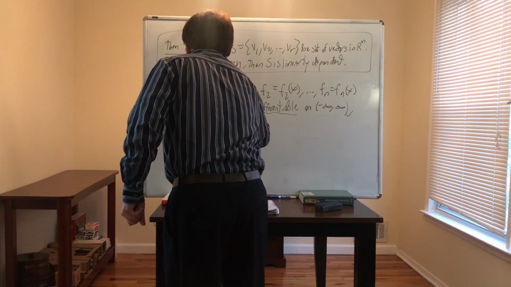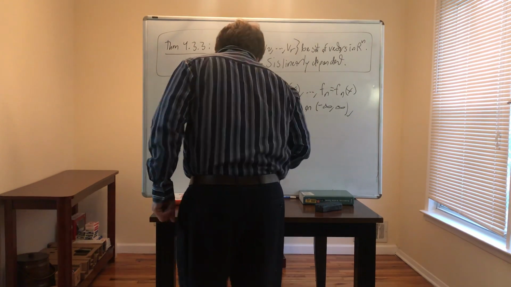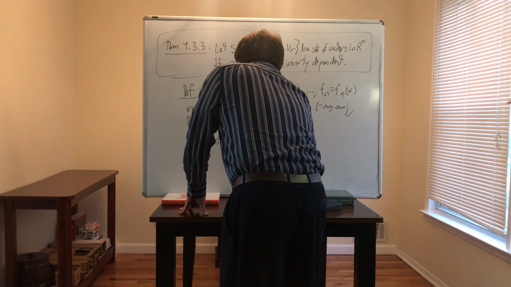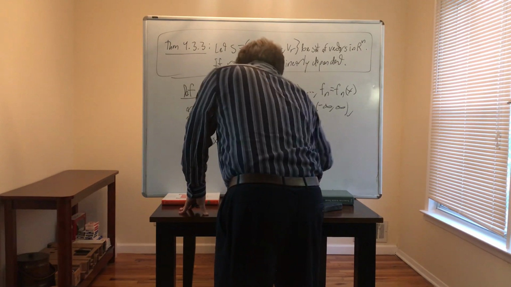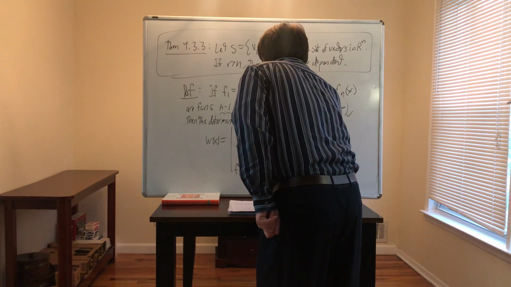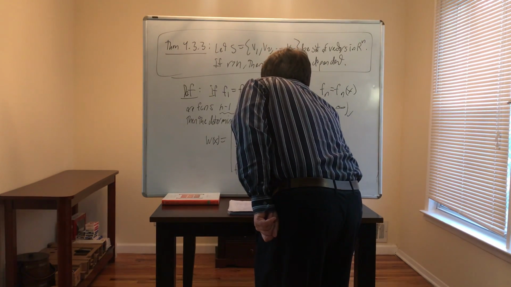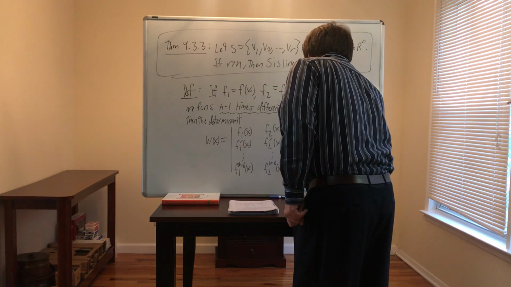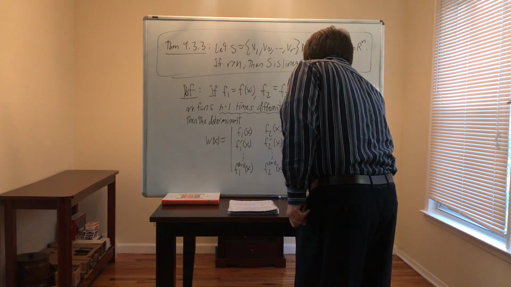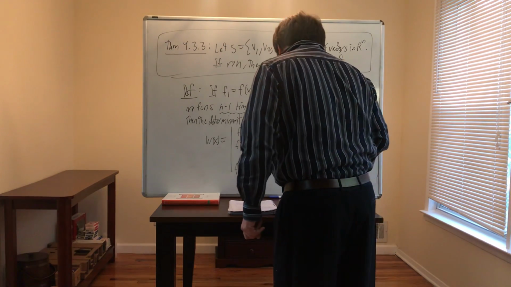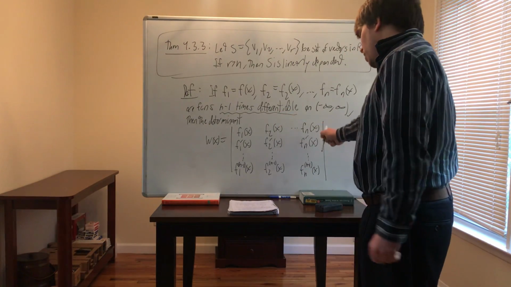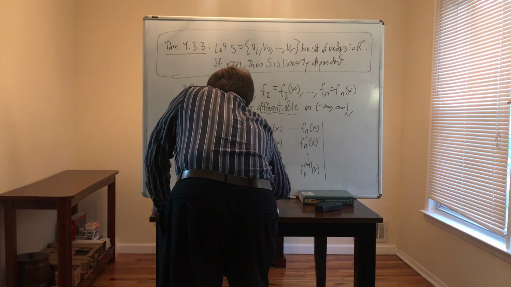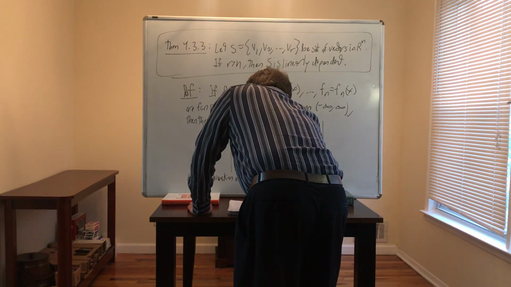Then the determinant W of x, which is equal to the determinant of this matrix, is called the Wronskian of the functions f1 up to and including f sub n.